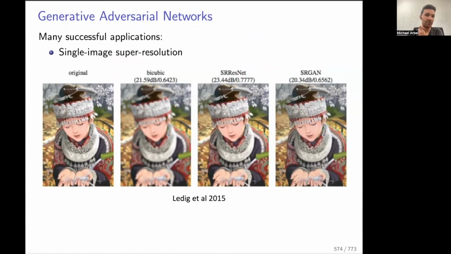One application of implicit generative modeling is single image super resolution, where you are given as input some image, and you'd like to produce a higher resolution image from it by filling up the details in the image. And the way it would work is by feeding this original image to a generator network that would take also some additional noise as input and will produce this higher resolution image as output.